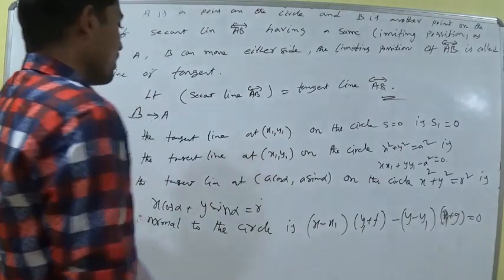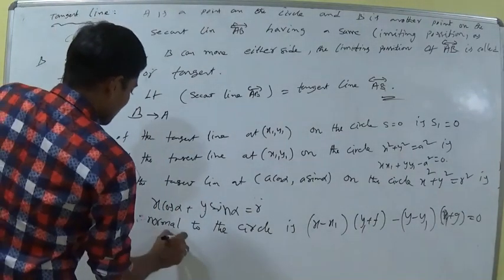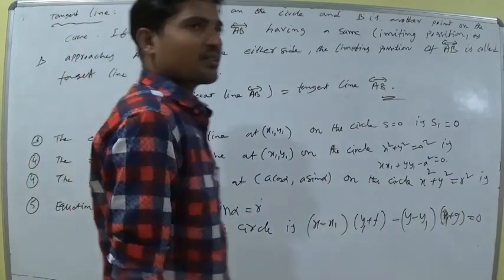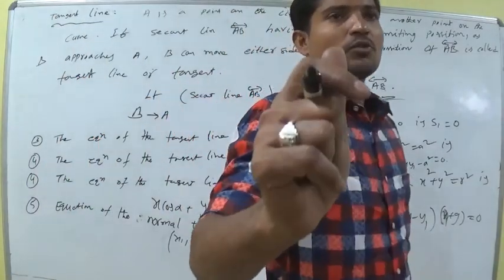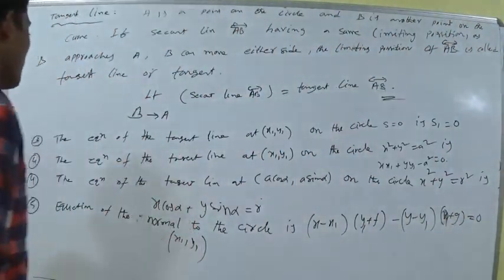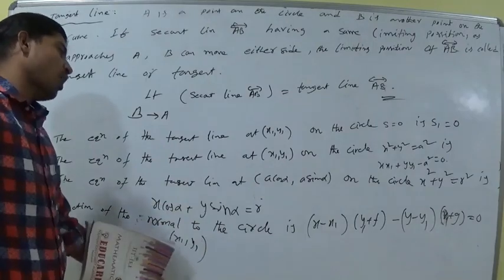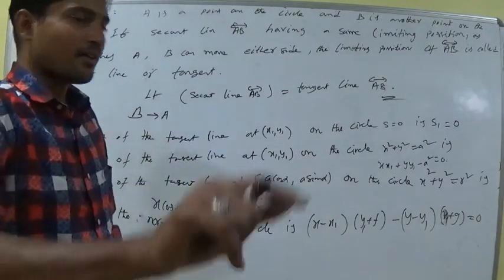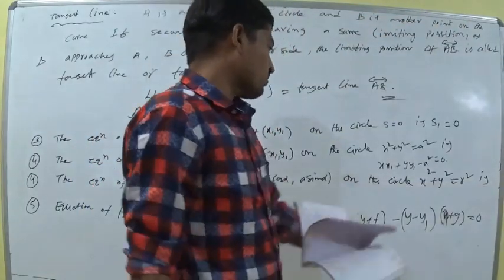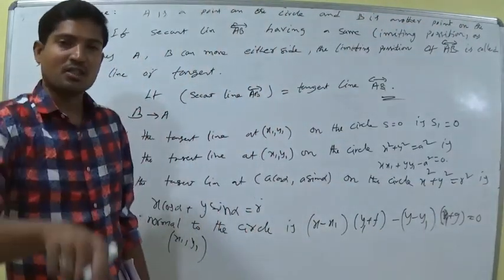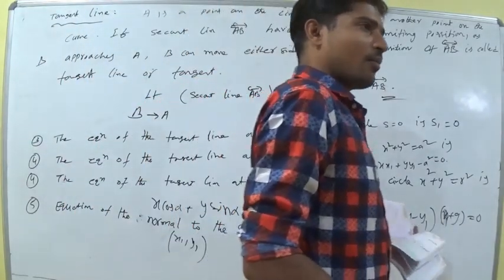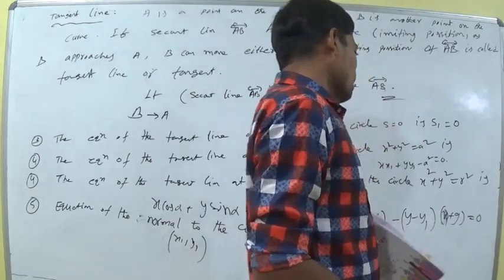Here the point is (x1, y1) and the circle equation is x² + y² + 2gx + 2fy + c = 0. Then the equation of the normal to that circle at this point is (x - x1)(y1 + f) - (y - y1)(x1 + g) = 0.